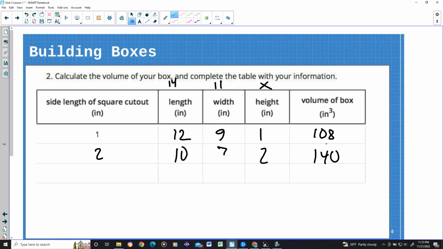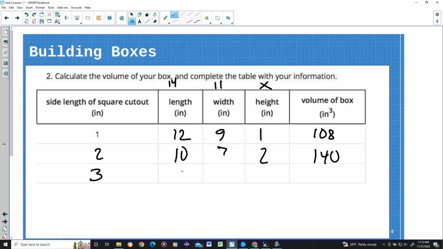Well, wouldn't you know, isn't that strange? We cut more sheet out from the box, and yet the box gets bigger. How interesting. What's next? Let's try 3. Same idea, right? We start with 14, but we lose 3 on each side.